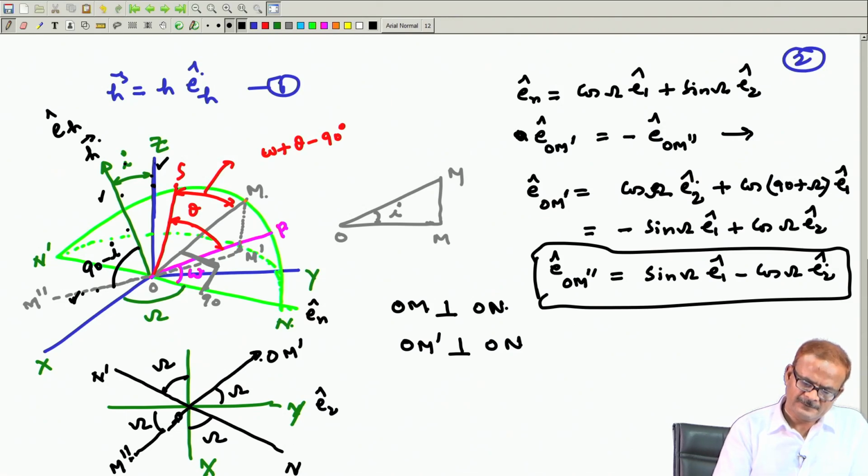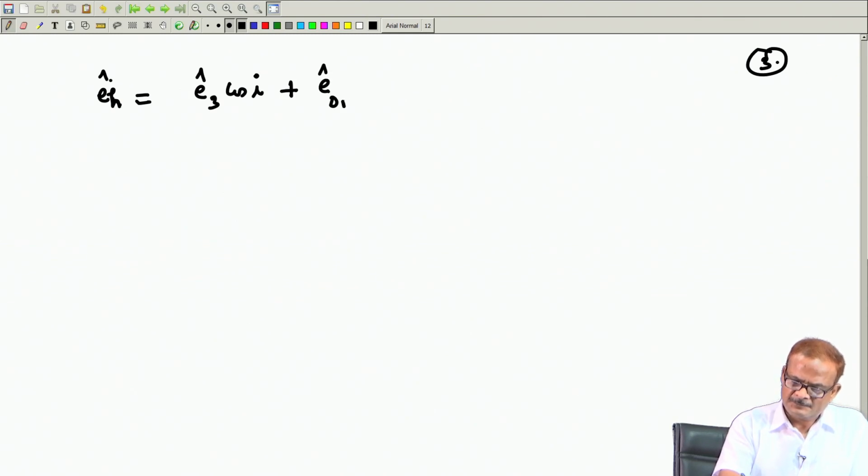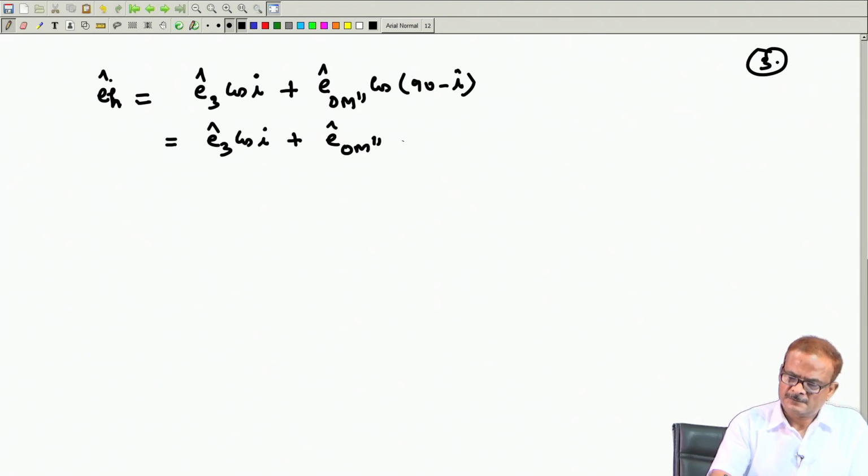So, E h cap unit vector will be E 3 cap cos I plus E cap O double m prime cos 90 minus I. So, E 3 cos I and then plus E O m double prime sin I.